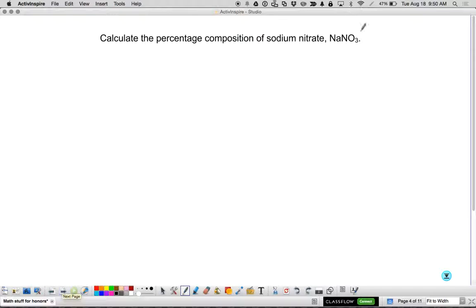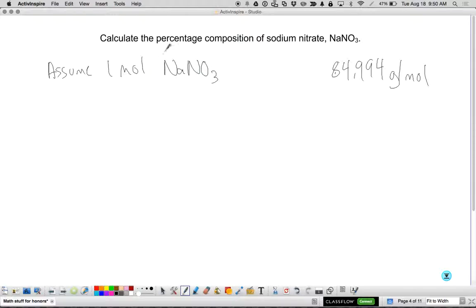All right, so if I calculate the molar mass of sodium nitrate, that's 84.994 grams per mole. All right, so if I assume 1 mole of sodium nitrate, I also have 1 mole sodium, because there's 1 mole sodium in every 1 mole sodium nitrate.